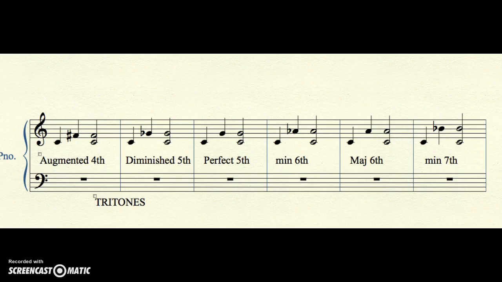We are going to move on to the minor sixth now. The minor sixth and the major sixth are also considered consonant. They don't quite sound as consonant as something like a perfect fifth or a perfect fourth or a unison, but they do sound quite pleasing to the ear. So let's take a listen to those now.